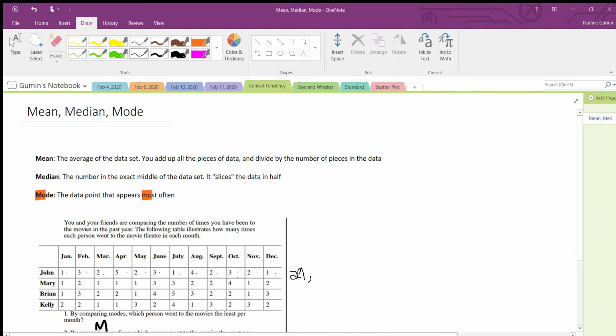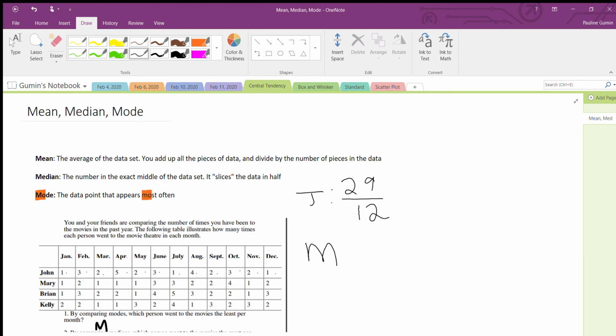And we need to divide that by 12, of course. So, John, 29 over 12. I'm going to input this all in a calculator later. I actually don't know if that's even necessary because we can just compare the fractions.